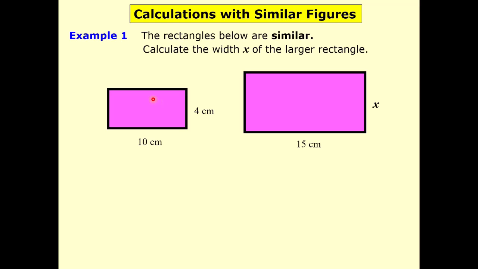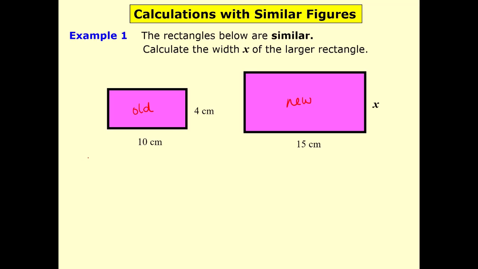In this case, our smaller rectangle has been enlarged to become a bigger rectangle. So this is an enlargement question. Our first step is to calculate the scale factor. And to help us do that, because we're trying to find x on our larger rectangle, I'm going to call this our new shape, because that is the new shape that has been created through an enlargement, which makes our smaller rectangle our old shape.